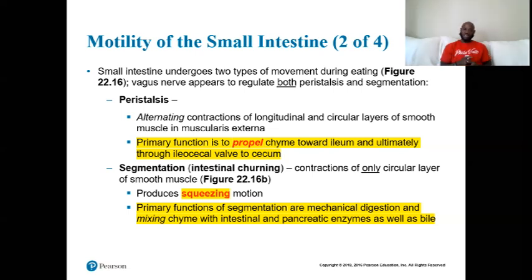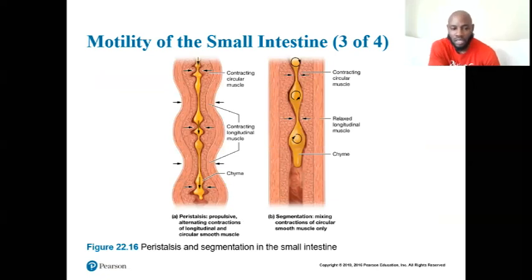So mixing it up and further digesting it. So peristalsis and segmentation. Then we have just the circular smooth muscle, mixing it up to further digest. And this is the motility, the movement of the chyme through the small intestines.